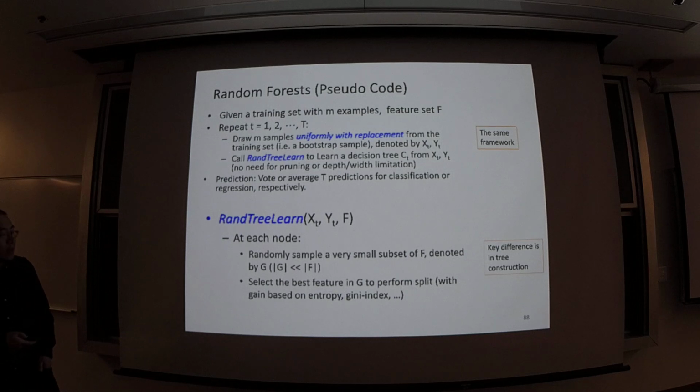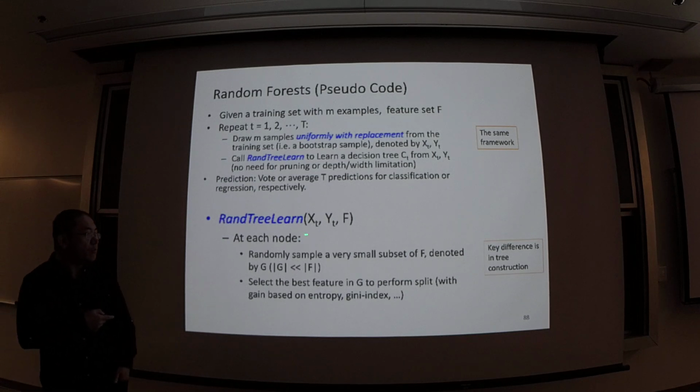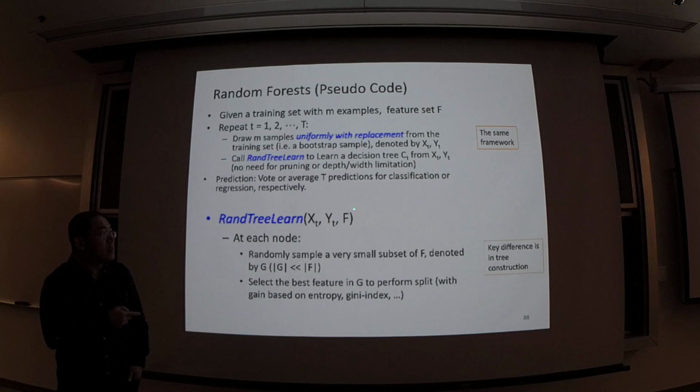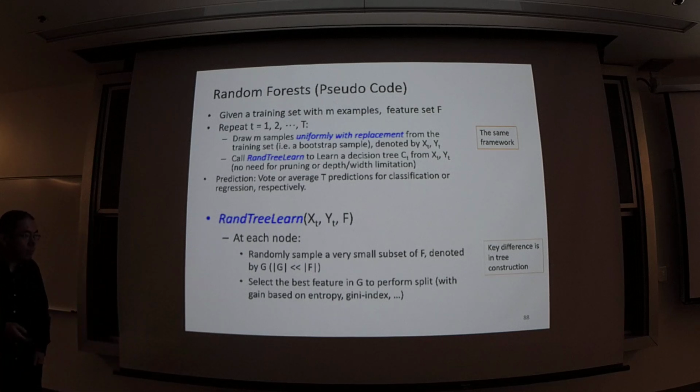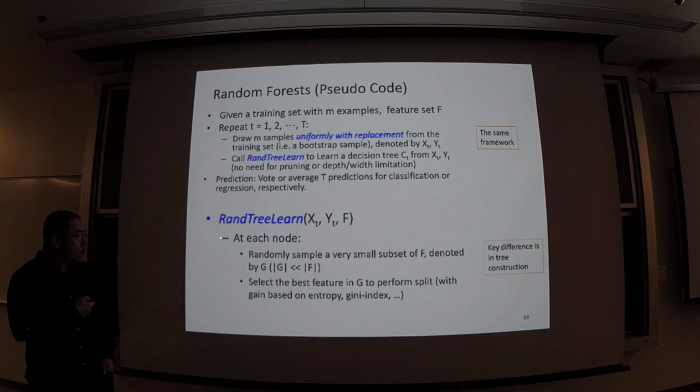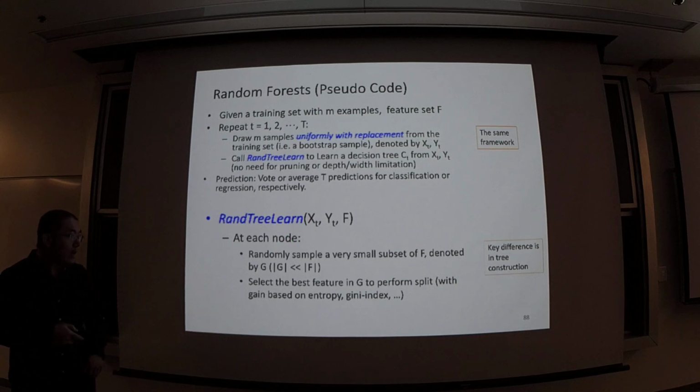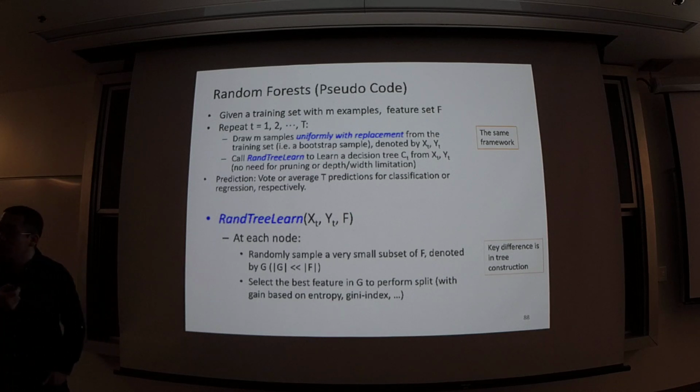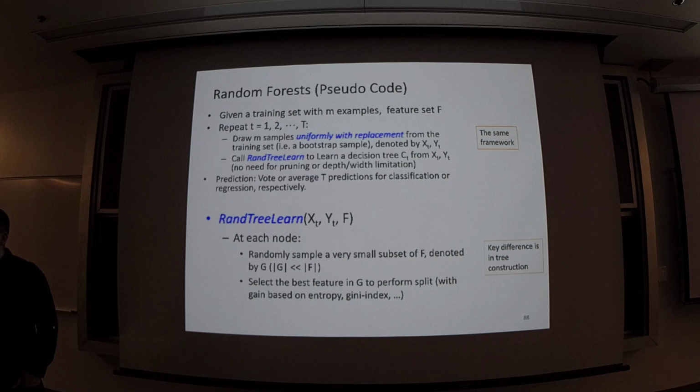Random tree learn takes into account both the training input and output as well as the feature set from which we select the features to split nodes and construct trees. At each node, I'm not going to search over all the feature set to select the best feature, say according to information gain or Gini index, whatever, to do the split.